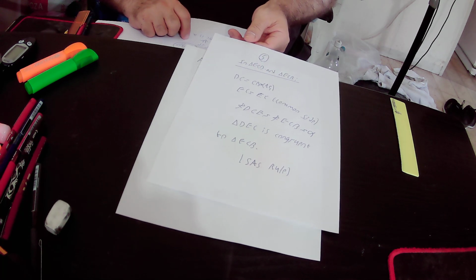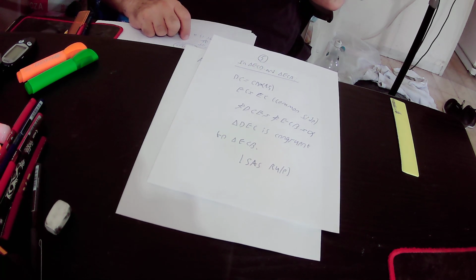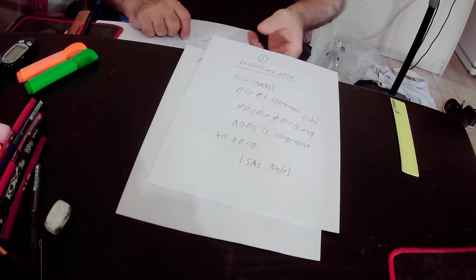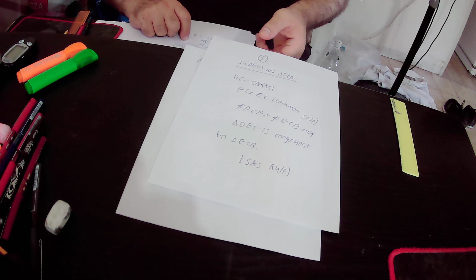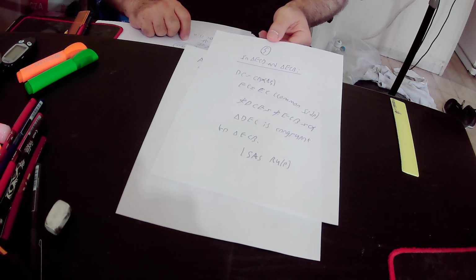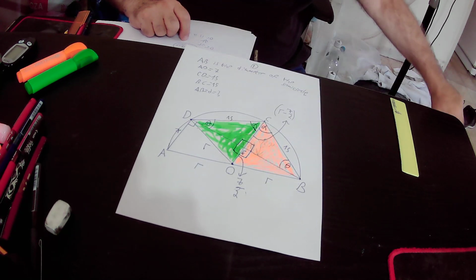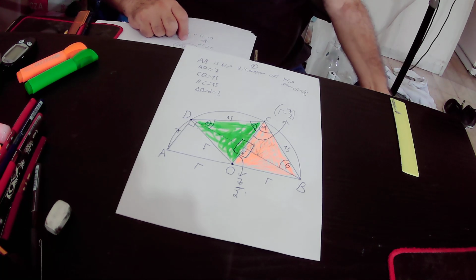Okay, we actually proved that two sides and the included angle in the green triangle are equal to two sides and the included angle in the orange triangle. Therefore, the green triangle is congruent to the orange triangle, according to the side angle side rule.